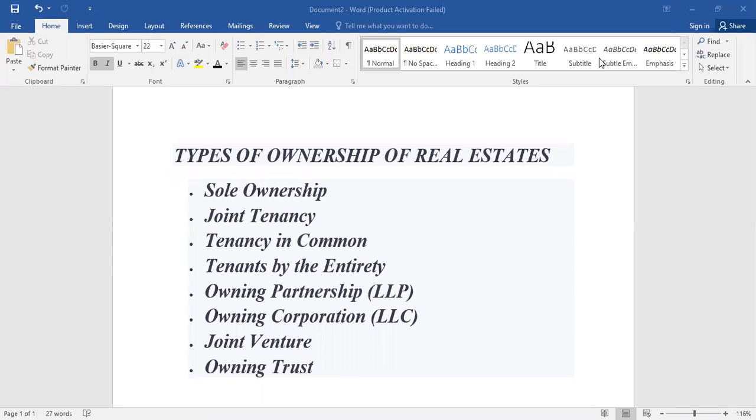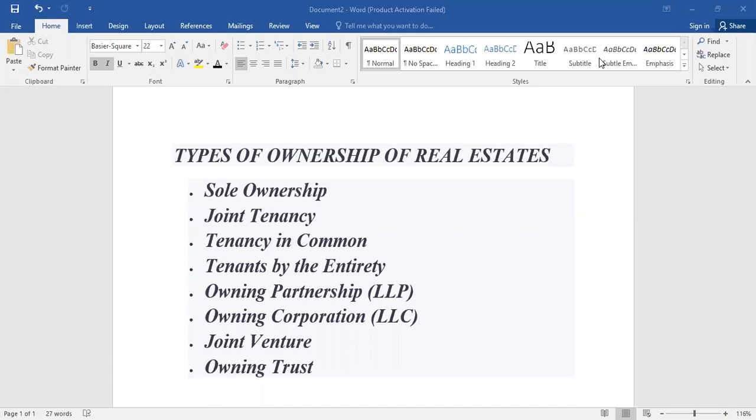So I've summarized the ownership into 7 categories. The first 4 are more or less the traditional ones. When we talk of sole ownership, it's like a sole proprietorship business. In this scenario, the full ownership of the real estate asset belongs to a single individual.